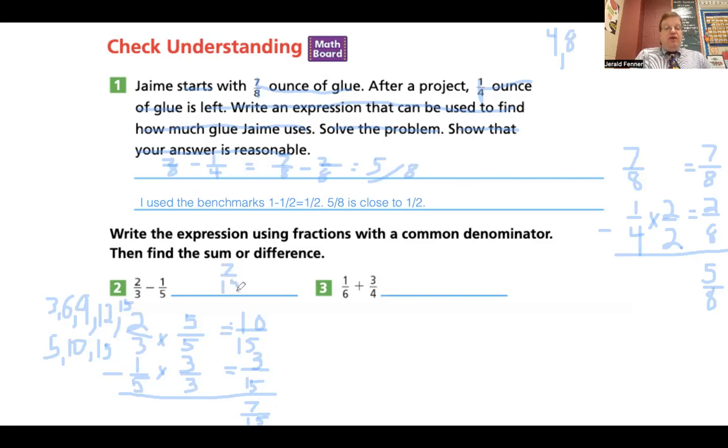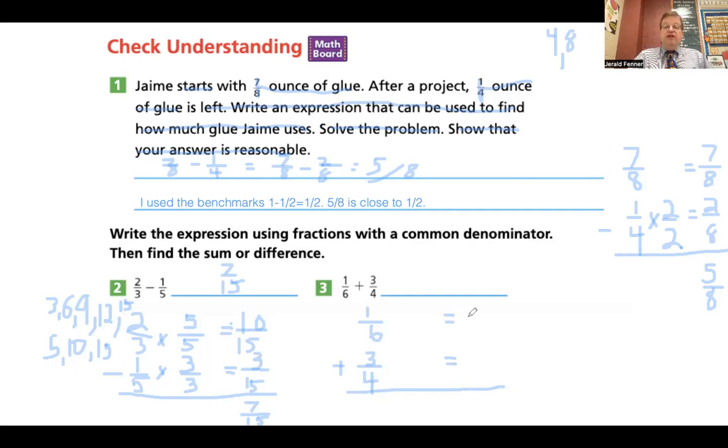Now, you're going to start seeing patterns take place. Like this one is 1/6 plus 3/4. Now you can list all your multiples out, but you could also look back. We already had a fraction that had a 6 and a 4, and we found that the common denominator was going to be 12.